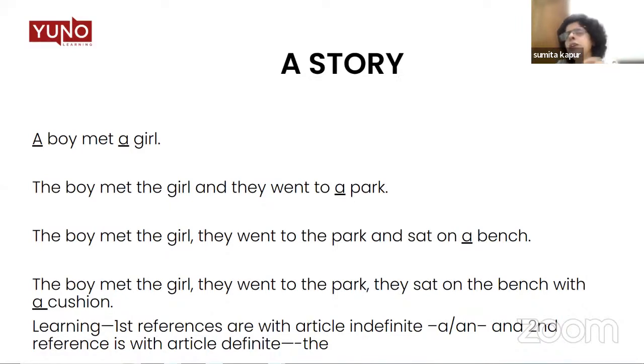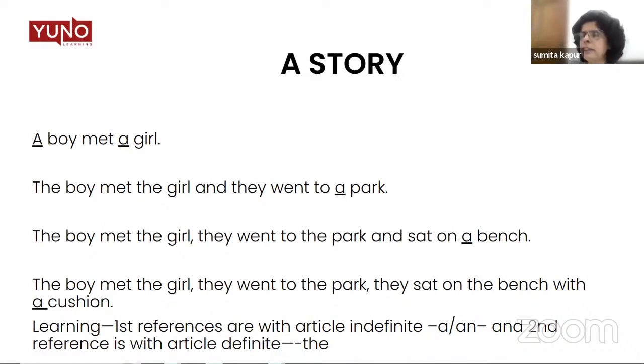Now bench has been introduced for the first time. And since it is introduced for the first time, we use article a. Next sentence, the boy met the girl, they went to the park, they sat on the bench with a cushion. Cushion is being used for the first time. So anything you use for the first time, use a; use it for the second time, use the. So that is what the learning here is.